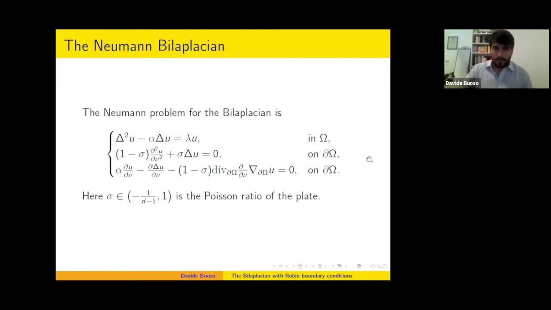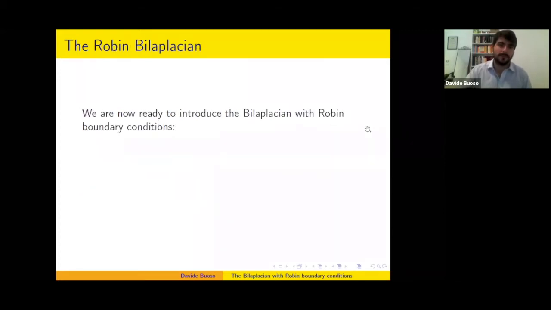So now I don't want to comment on the fact that these boundary conditions for the Neumann problem are very ugly, and usually one tends to avoid them by writing the weak formulation and dealing with it. But anyway, this is enough for us to finally state what is for us the Bilaplacian with Robin boundary conditions.